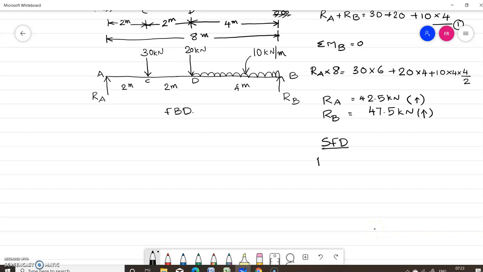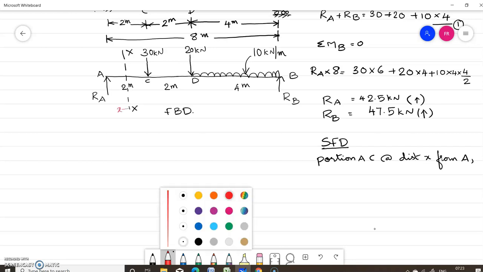So first of all, you consider portion AC at distance x from A. So let us consider a section line XX at a distance small x from the left side.